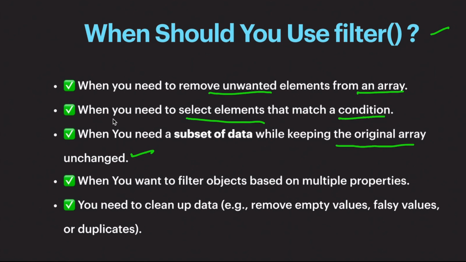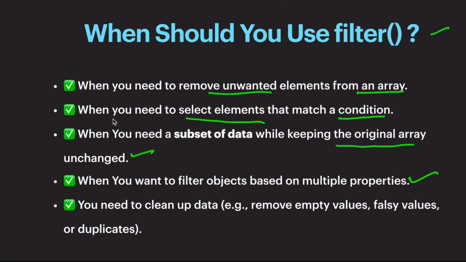When you want to filter objects based on multiple properties, you can use filter. And when you need to clean up data, like removing empty values, falsy values, duplicate values, you can use filter. In these types of cases you can use filter on your array.